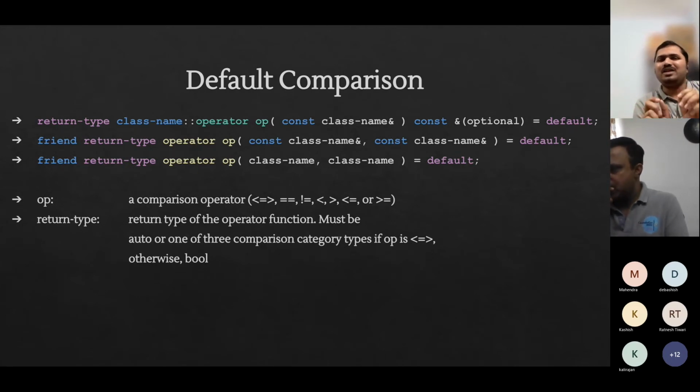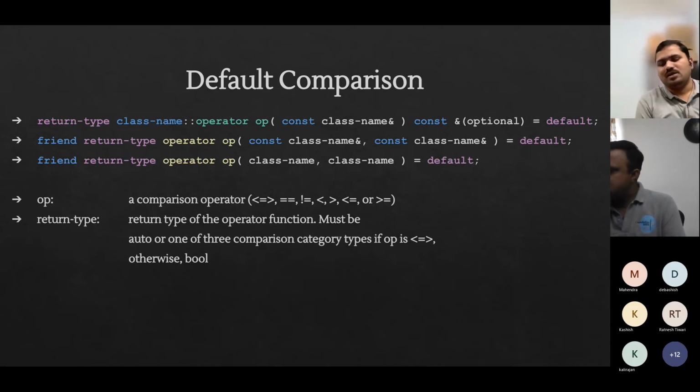Till what point do we go? Till the last variable in the declaration order, or somewhere in the middle we get a result not equal to 0. That means it is not equal. So till that point, we just go on doing this comparison. And this involves everything.